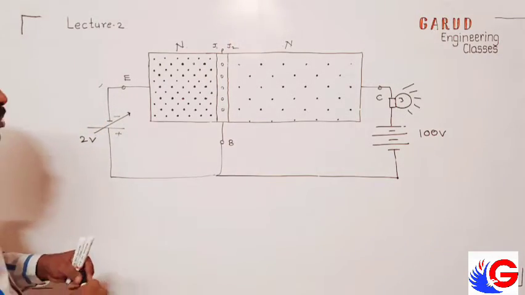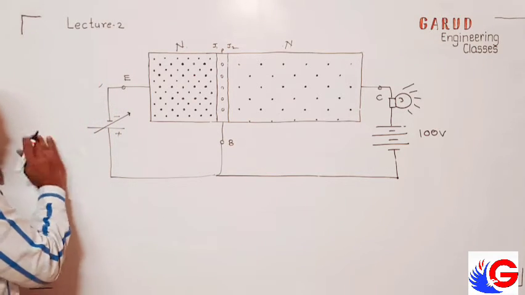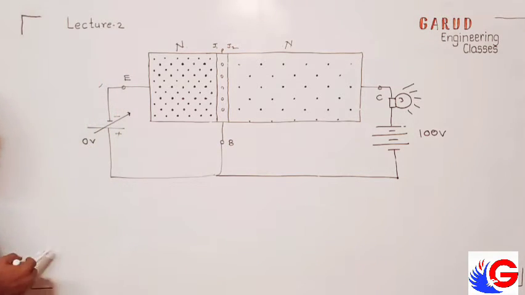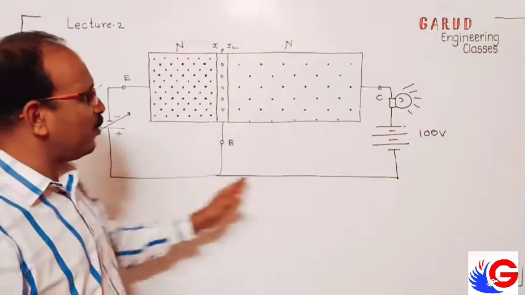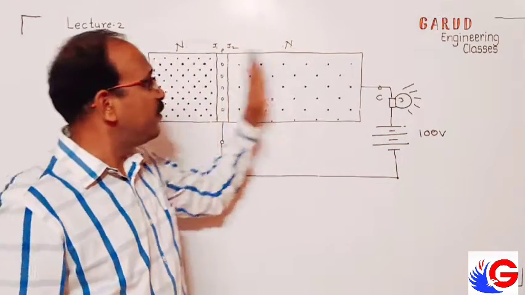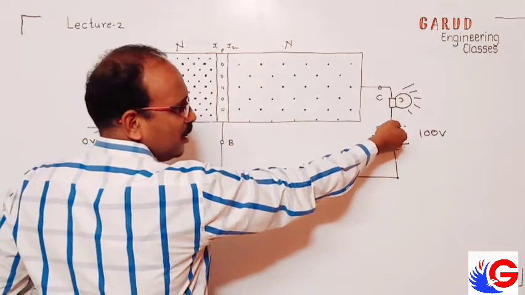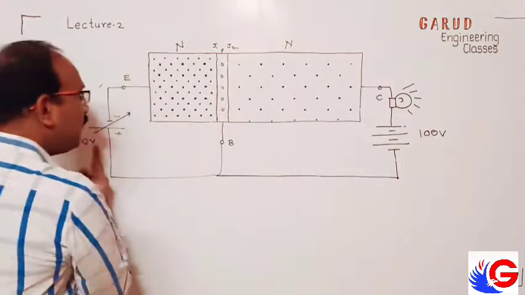Okay, see. What happens in the normal case? Here I maintain this equal to 0 volt. So what is the total voltage applied over here? 100. Whether this device should turn on, let's see what happens for this 100 volt. Here positive is connected. Here negative is connected.